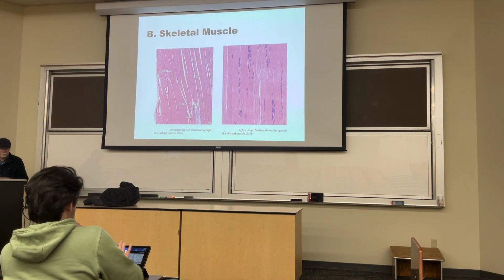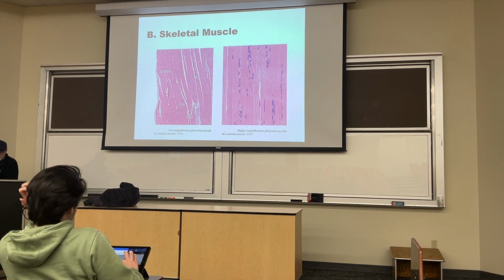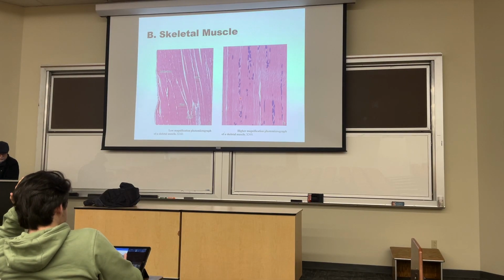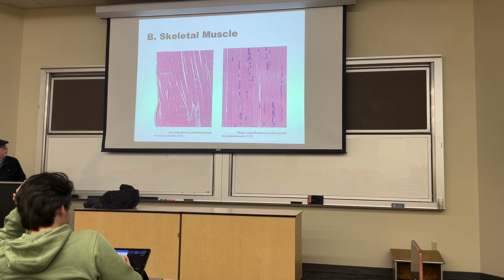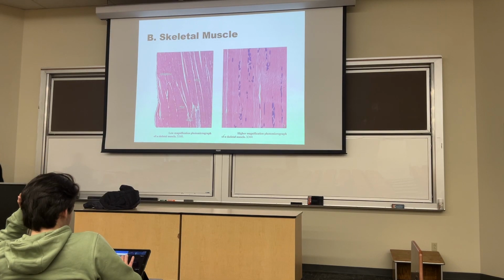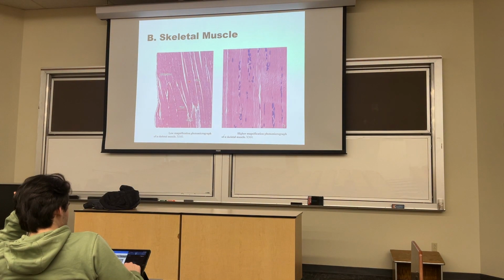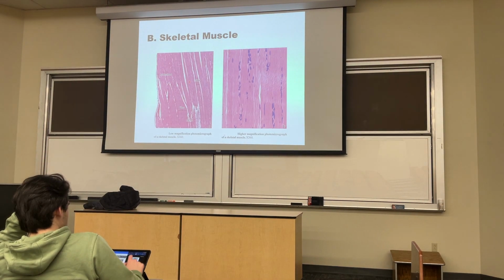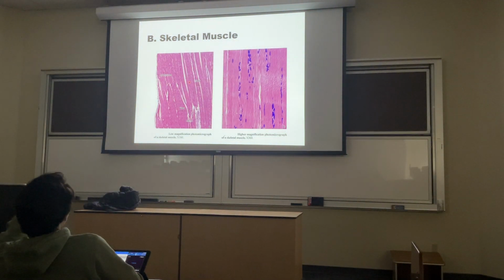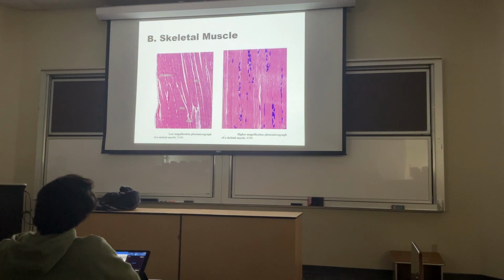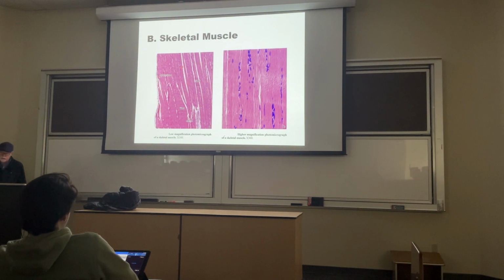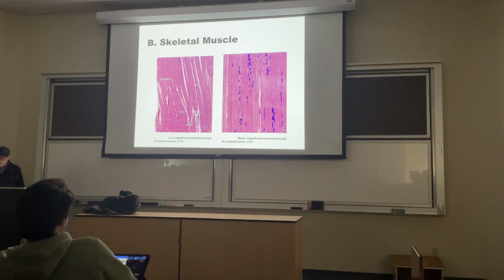These are examples of skeletal muscle. And this is only 160. Let me crank this down again. Now that we're looking at slides, we'll make it darker. And here you can see the nuclei, and again, the nuclei are on the edge. You can have some connective tissue in between these skeletal muscle fibers.